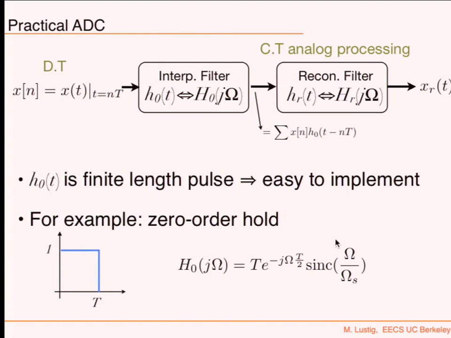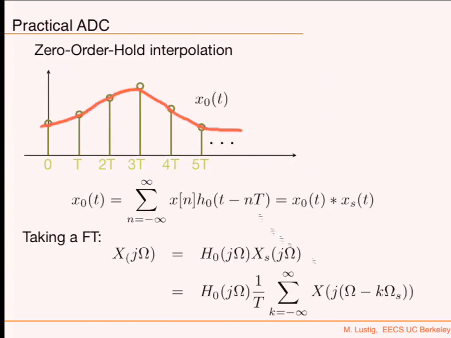So the Fourier transform of a zero-order hold, basically convolving with this thing, is really convolving with a sync. Or, multiplying with a sync in the frequency domain. So convolving with a rect in the time domain, multiplying with a sync in the frequency domain.